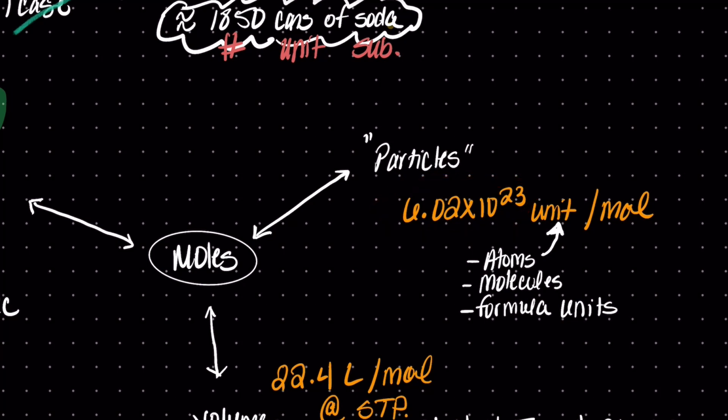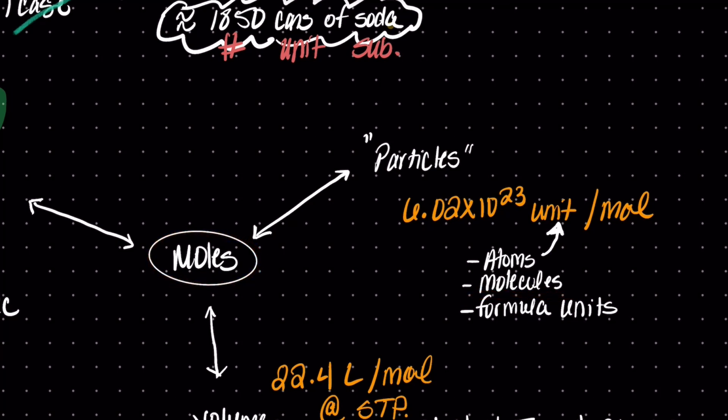That is Avogadro's number, or avocado's number, if you need to remember it. 6.02 times 10 to the 23rd is an enormous number. There are a lot of atoms in a mole of a substance. There are a lot of molecules in a mole of a substance.